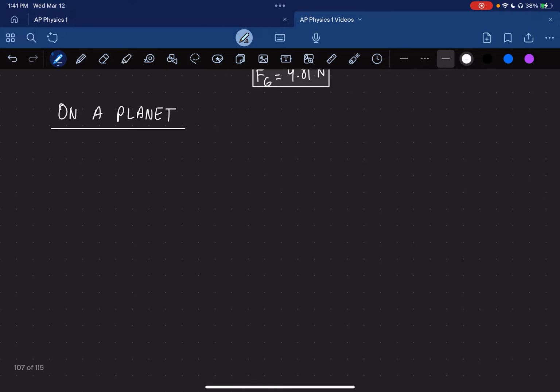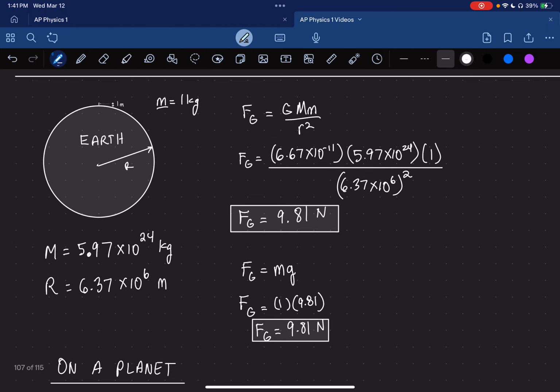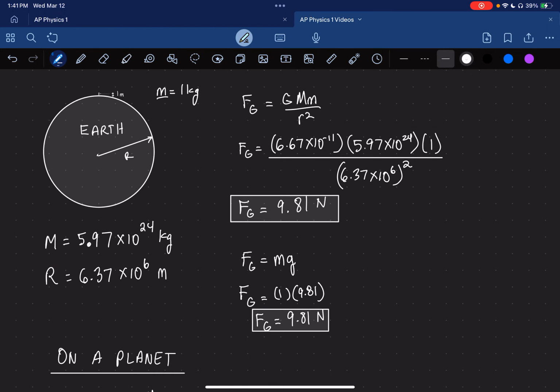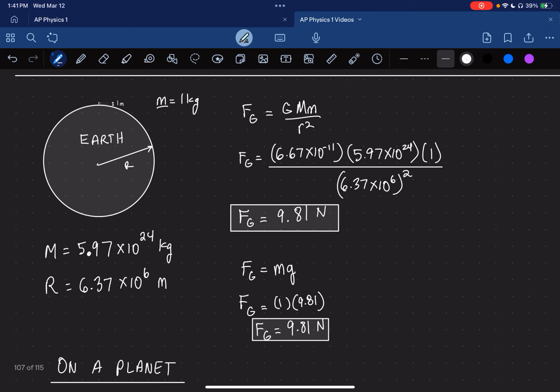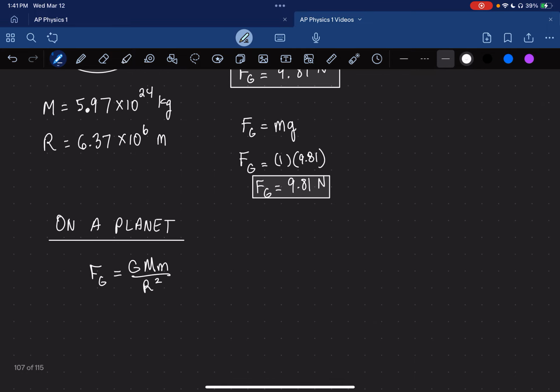So, on a planet, let's do it like this, sorry. The gravitational force on some object, let's use big M, little m over r squared. So let's say you're on the surface of the planet, and so your distance is capital R. The gravitational force is G times capital M, the mass of your planet, and little m, the mass of some object on the surface of that planet.